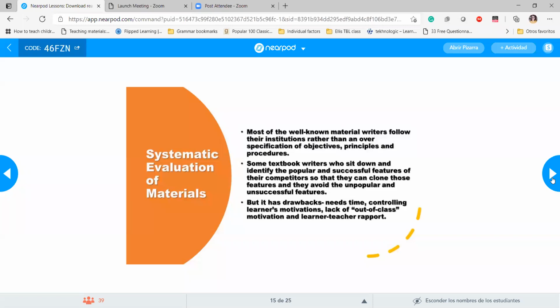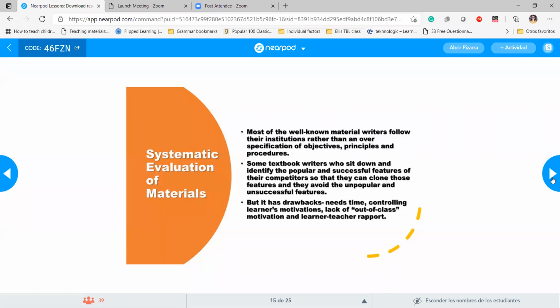Now, how am I going to create a systematic evaluation of materials? Well, most of the well-known materials writers follow their institutions rather than an overspecification of objectives, principles, and procedures. So the institution where you work is going to tell you what type of materials, what websites you can use.